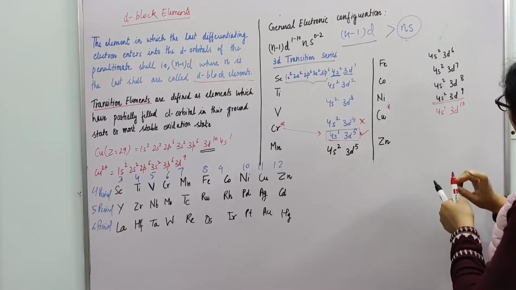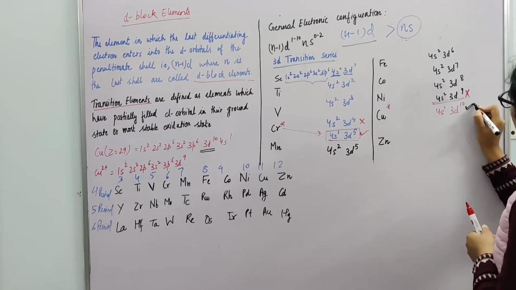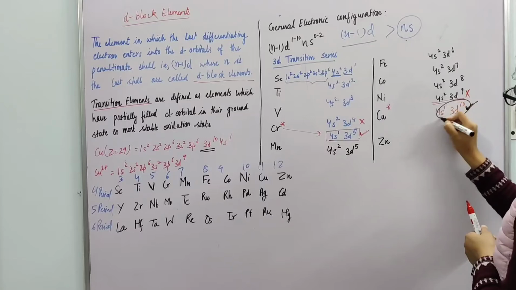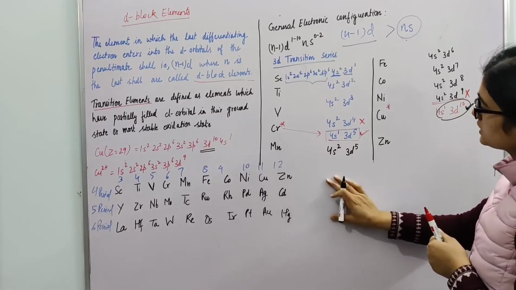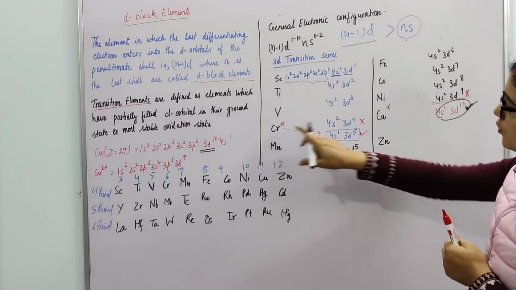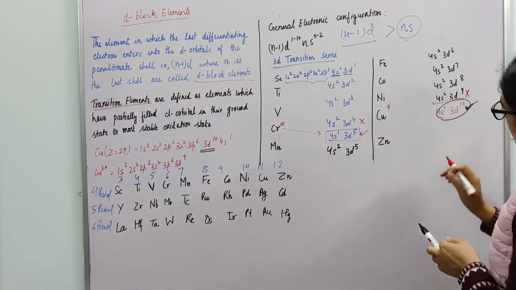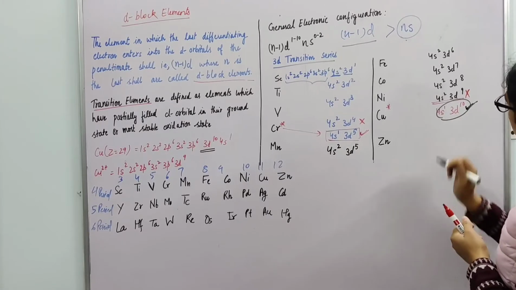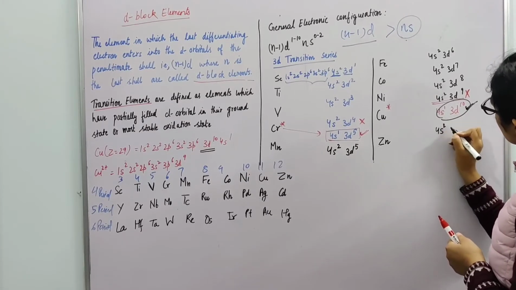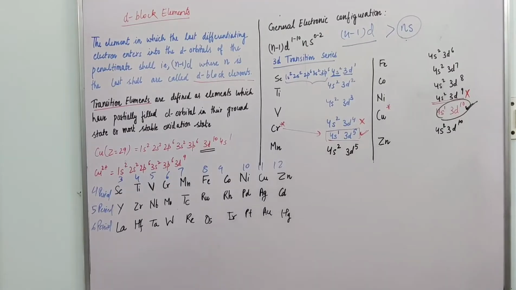So instead of the expected configuration, its configuration is this. So in the first transition series we have two exceptional electronic configurations, chromium and copper. Now zinc will be 4s2 3d10. So these are the electronic configurations for the first transition series.